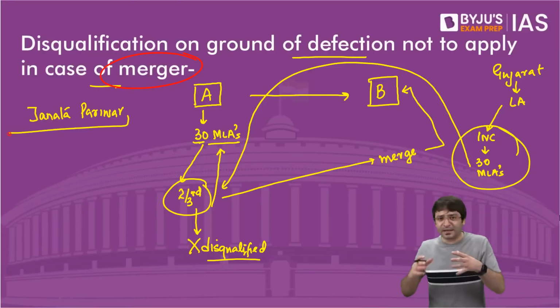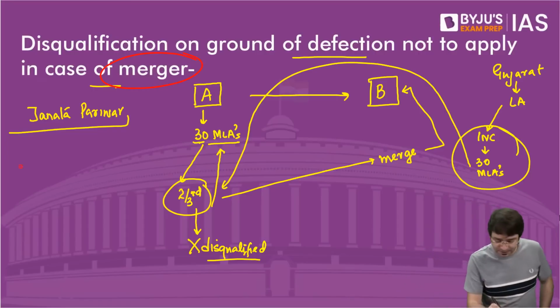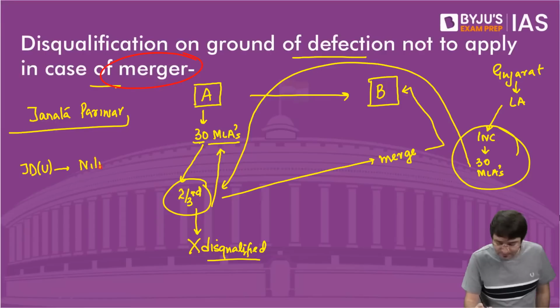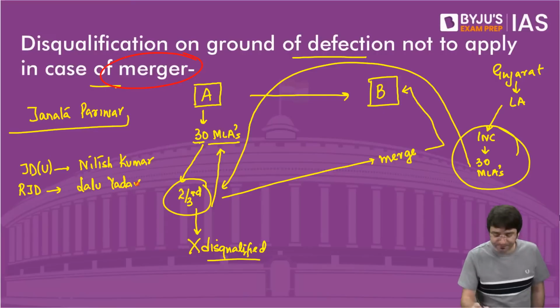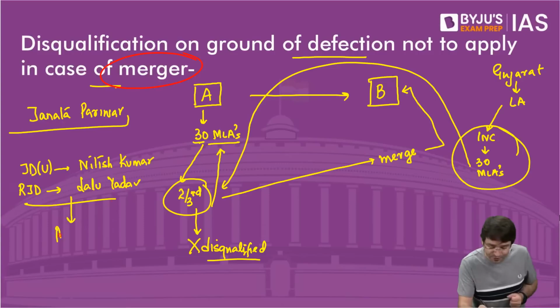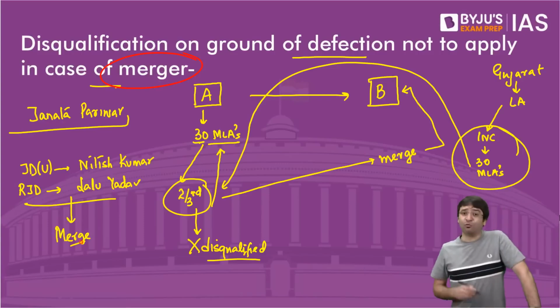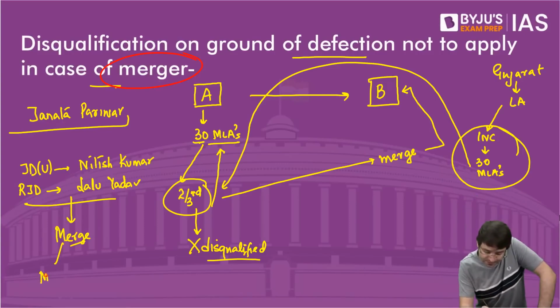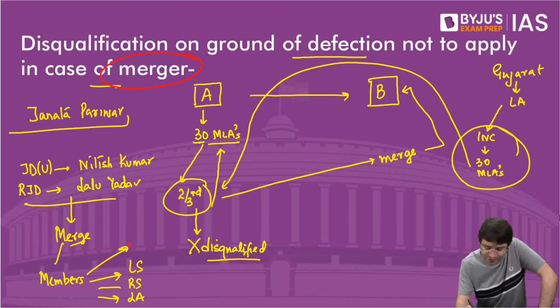But the point is, if tomorrow, for example, JDU, which is of Nitish Kumar, and RJD, the party of Lalu Yadav, if these two political parties decide to merge, what will happen to their members in Lok Sabha, in Rajya Sabha, in Legislative Assembly, in Legislative Council?